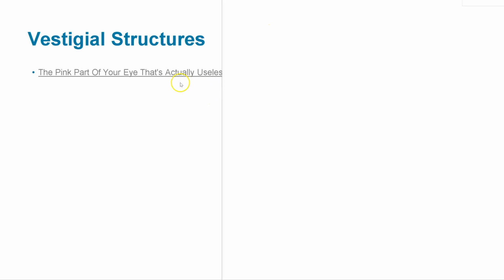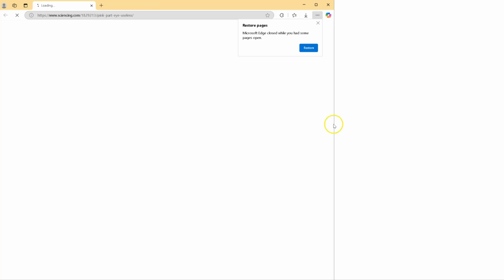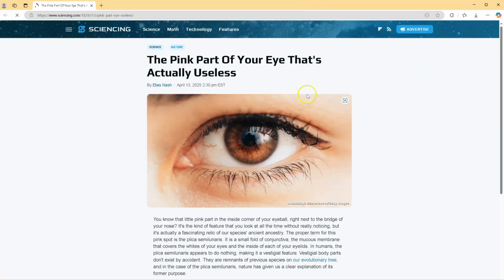I mean, everybody goes to wisdom teeth and various things like the appendix, right? Legs in a snake, whale pelvis, all that sort of stuff. But there's this really interesting website: the pink part of your eye that's actually useless.